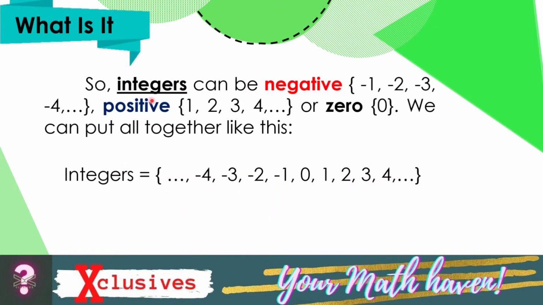So, integers can be negative, like negative 1, negative 2, negative 3, negative 4, and so on, and also positive, like positive 1, positive 2, positive 3, positive 4, and so on, or 0. We can put all together like this. Integers are a set of all negative numbers, 0, and positive numbers.